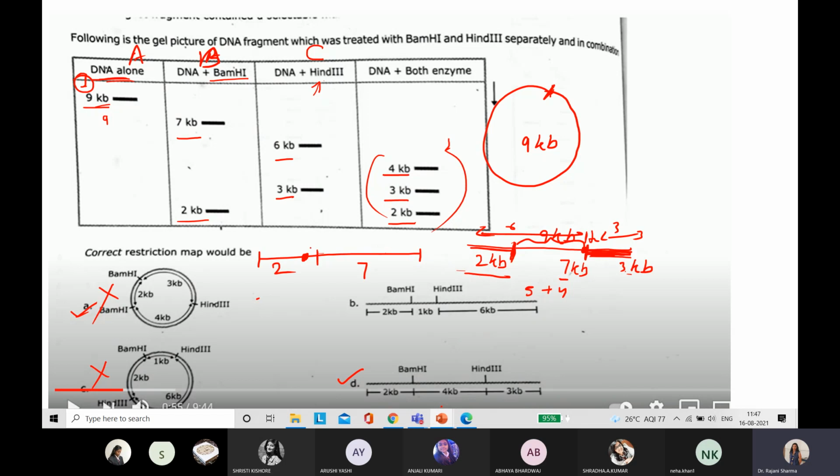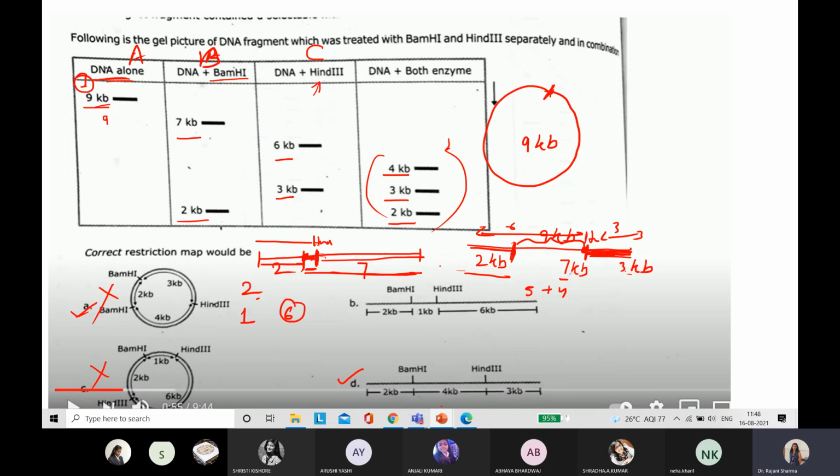Obviously to make 3 kb, HindIII should cut on this side. So it will be giving you 3 kb. But when you cut with both, then how many bands will you have? One cutting site is here, so one band should be 2 kb, another band should be 1 kb, and another band should be 6 kb, because here the 7 kb has been reduced, so it should be 6 kb.